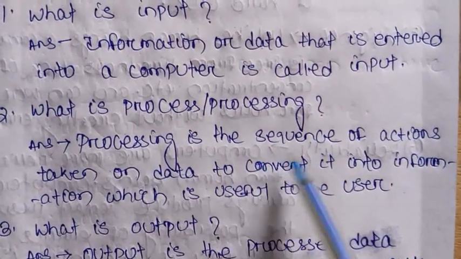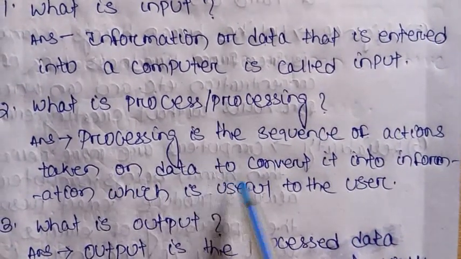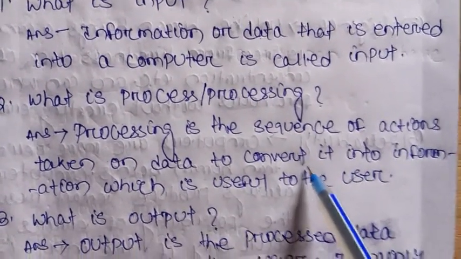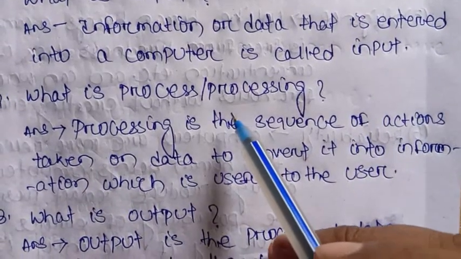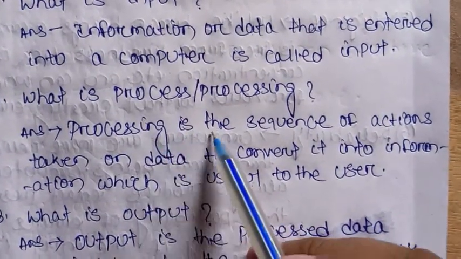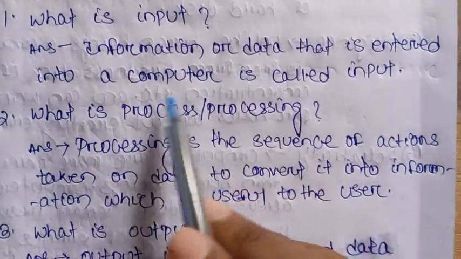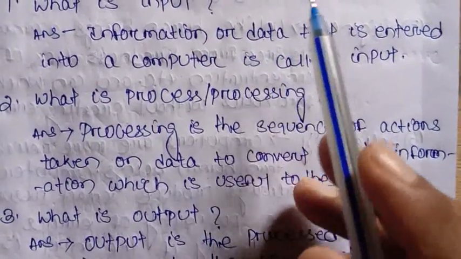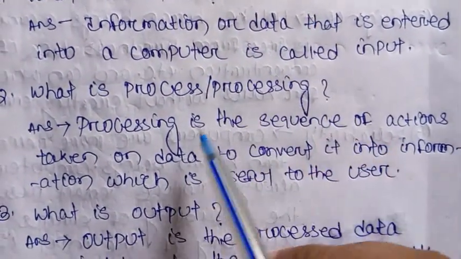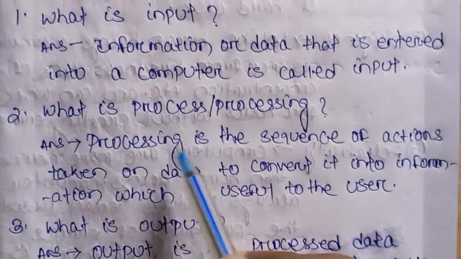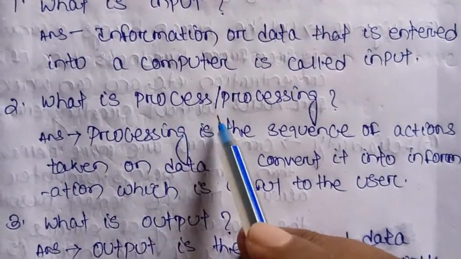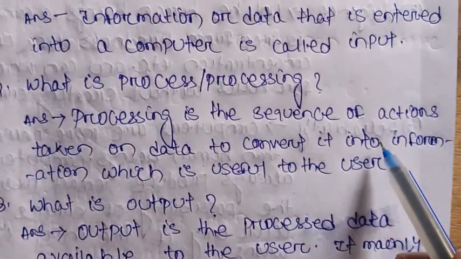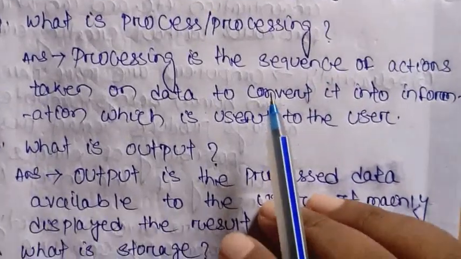It means the computer processes the input data or raw data to give a result known as output to the user, and for this a process happens, known as a sequence of actions taken on data to convert it into information which is useful to the user.